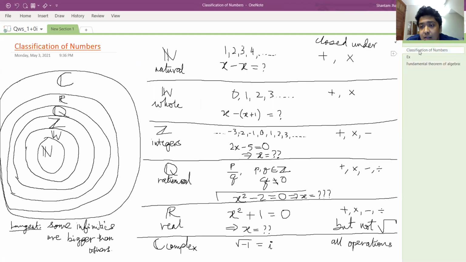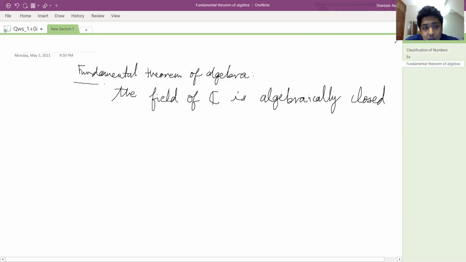What does this mean? This means I can concoct any polynomial equation, any and all operations, and apply them to a complex number, and I am still going to end up with a complex number. I am closed under any and all operations. Okay, so that is what the fundamental theorem of algebra says. But because you need more than algebra to prove this theorem, it is neither fundamental nor a theorem of algebra. Okay, so that's a fun fact about this fundamental theorem.